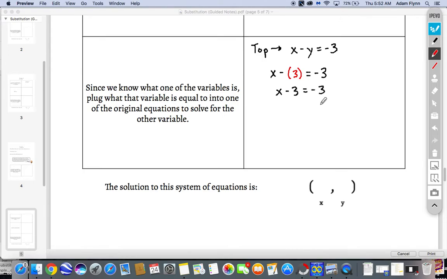I can add 3 to both sides to isolate this x. When I do that, I get x equals negative 3 plus 3, which is 0. So I've got a value of 0 for x and 3 for y. So that would be my solution. So if I were to graph these two lines, they would cross at the point 0, 3.